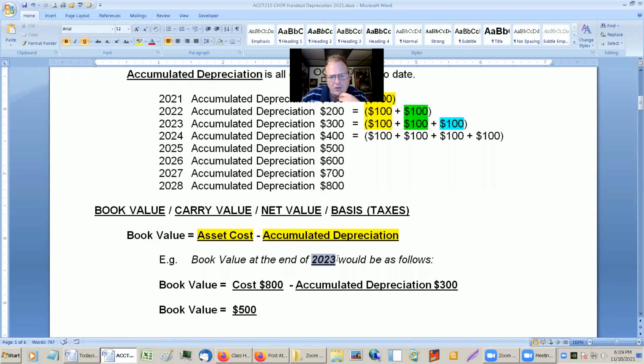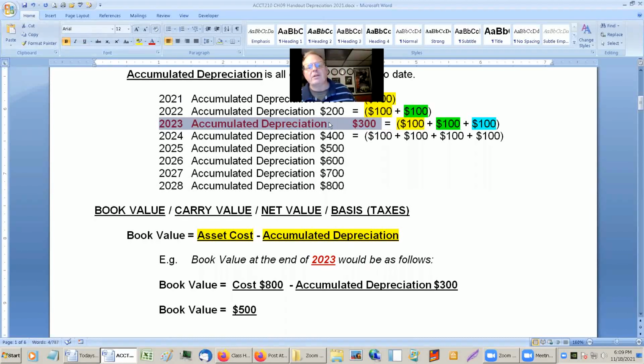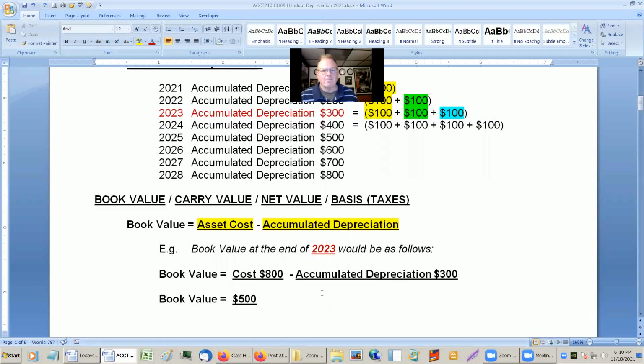Okay, so if we go to 2023, the cost of the asset was 800.